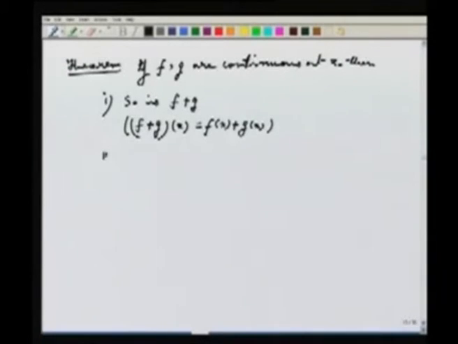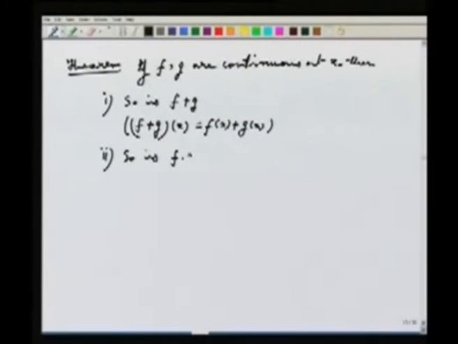I can also prove that if f and g are continuous at x naught, then so is f dot g. What is f dot g? f dot g is another function whose definition at x is f of x times g of x.